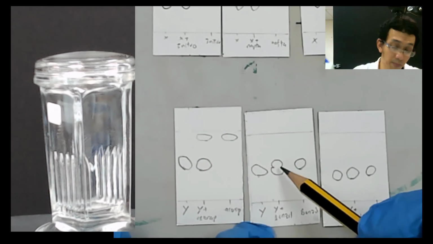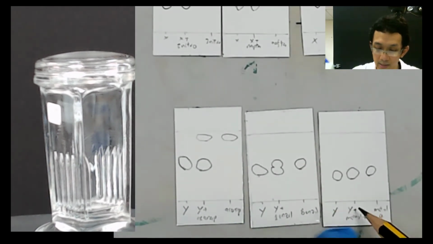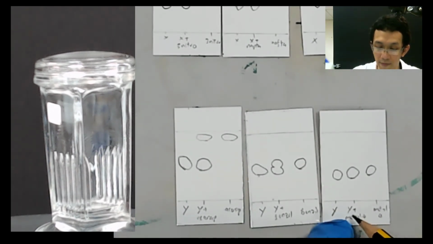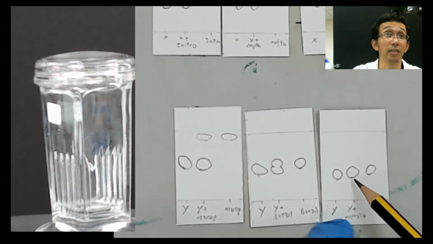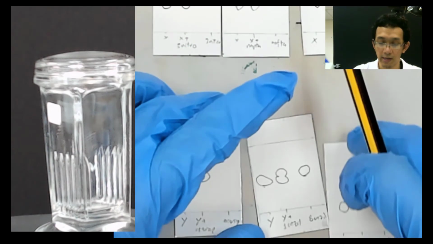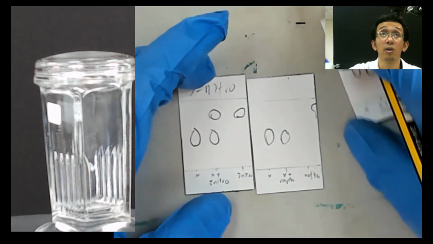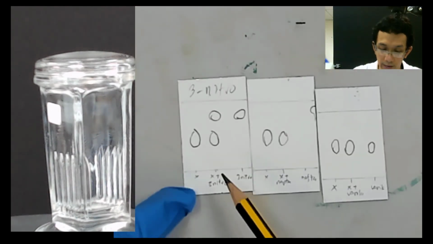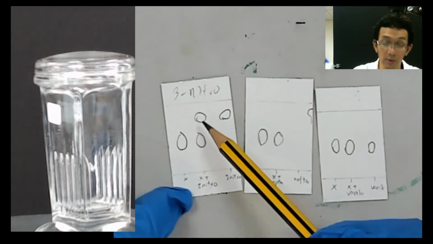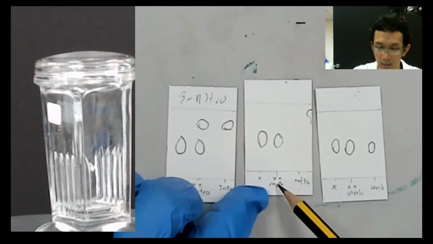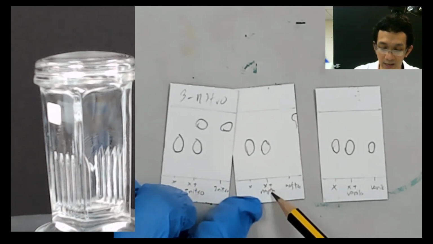But here, because Y and the methyl whatever here is the same thing, it doesn't separate. So that's the idea of TLC. And this also the same. For the X here, the middle here, we combine X with the 3-nitro, so it will separate. And here in the middle, we combine X with naphthalene.